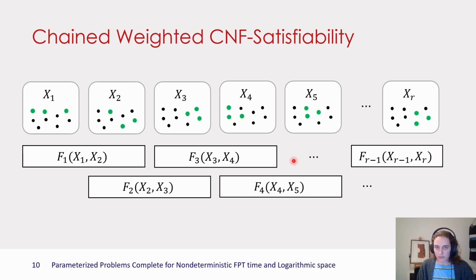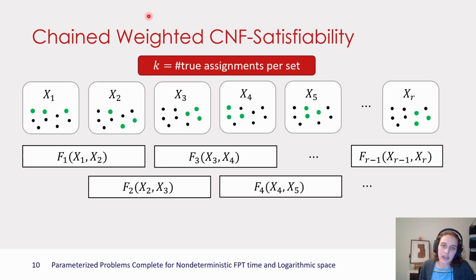But there's of course a parameter, and in this case, the parameter k is the number of true assignments per set. So in the example that I made here, the green ones are the ones that I set to true, and there can be at most 3 in each of these sets. So k in this case is 3, so you can set at most 3 of these variables per set to true. And then you want all the Boolean formulas to also be true. So that's chained weighted CNF-satisfiability.